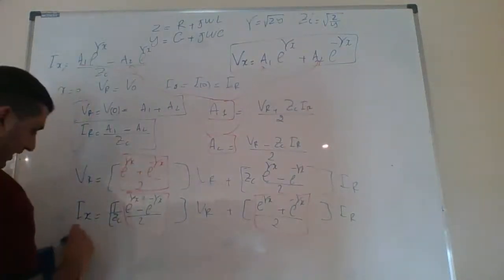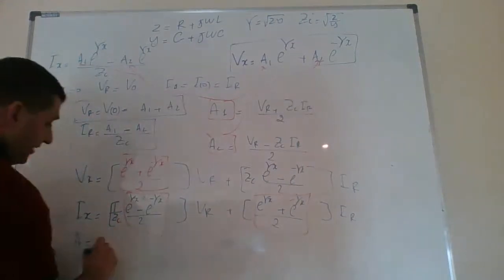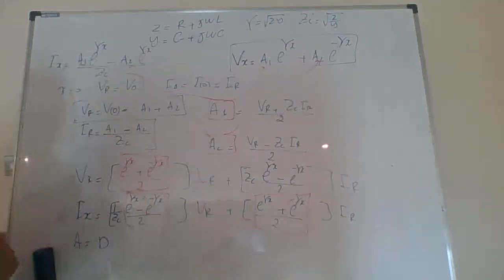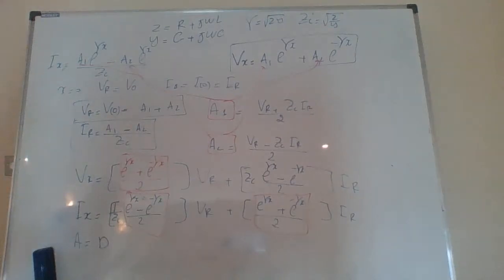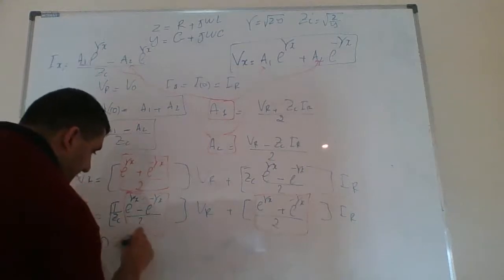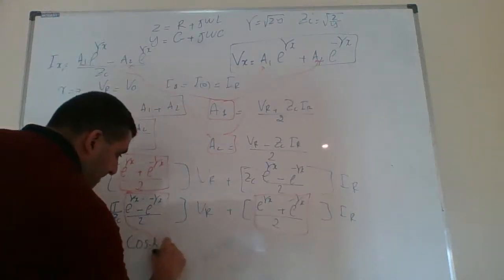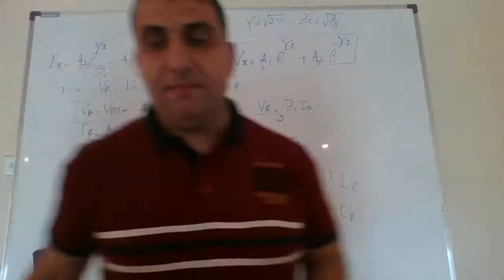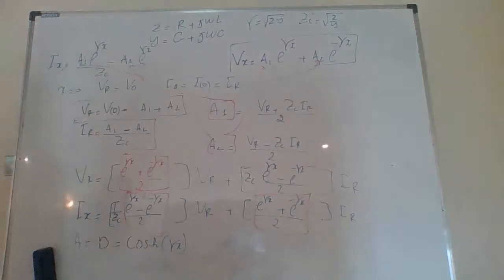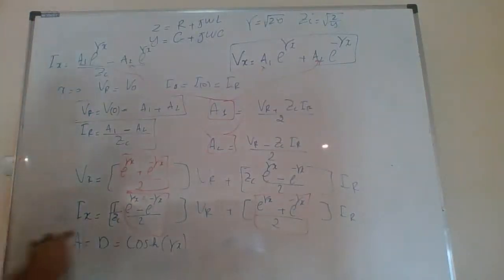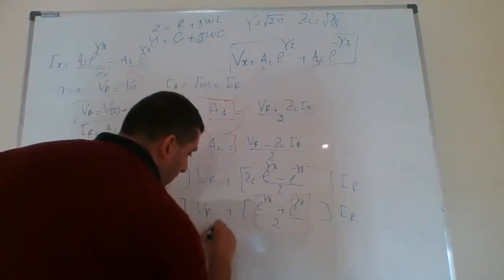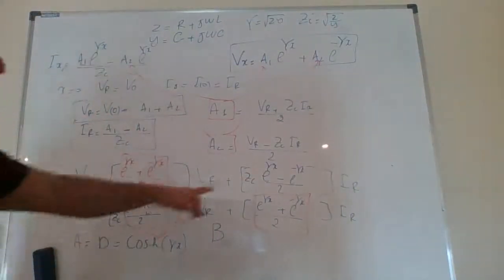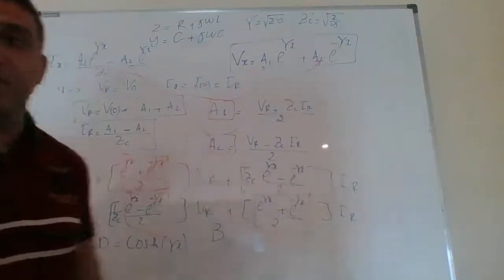This will give me A, equal to D, as you can see, they are equal. It's equal to cosine hyperbolic of gamma L. Can you see this? Yep, it's shown clearly. And then I can do B. B is equal to ZC sine hyperbolic.